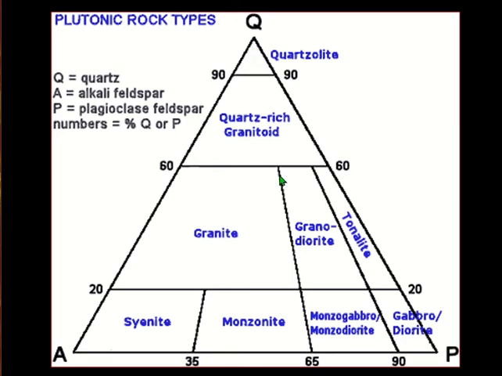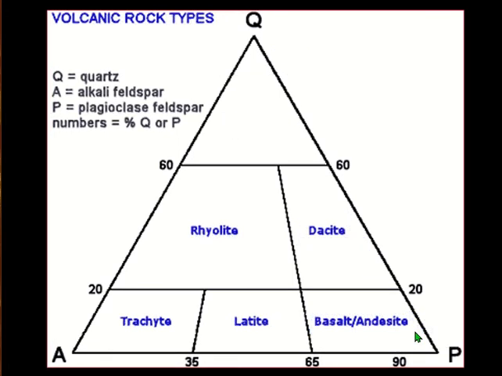It's quite common as a sedimentary rock, of course. And so here you will have granite, which is roughly equal amounts of quartz, alkali feldspars, and plagioclase, and then you'll come down to the gabbros and the diorites. Of course, the distinction between gabbros and diorites will be the amount of ferromagnesian minerals, but they're both down here with lots of plagioclase in.